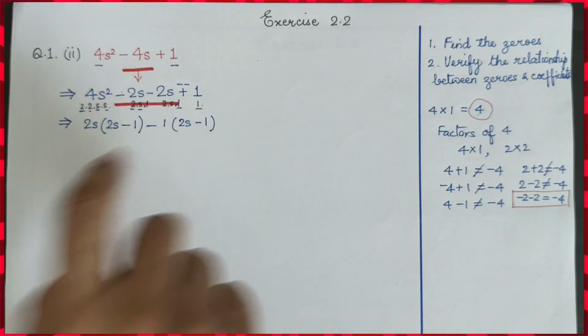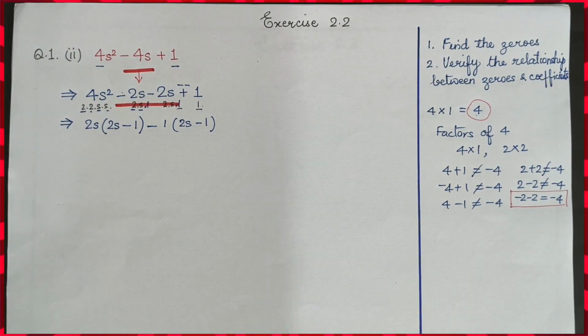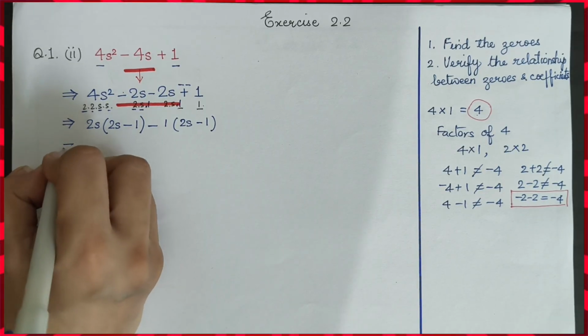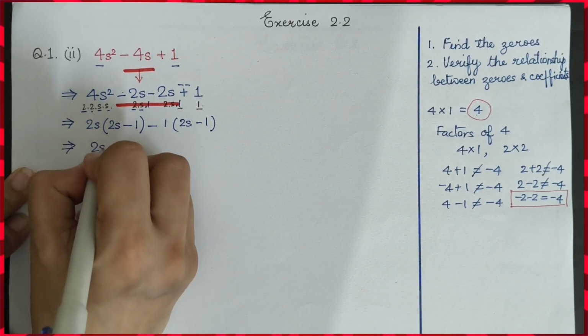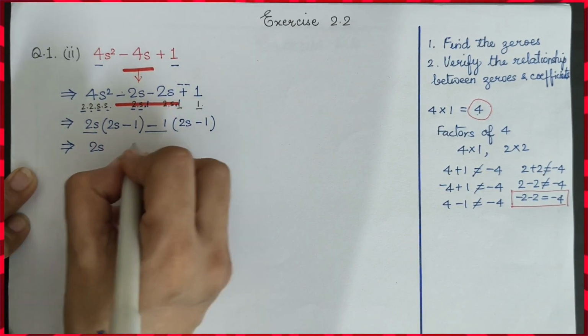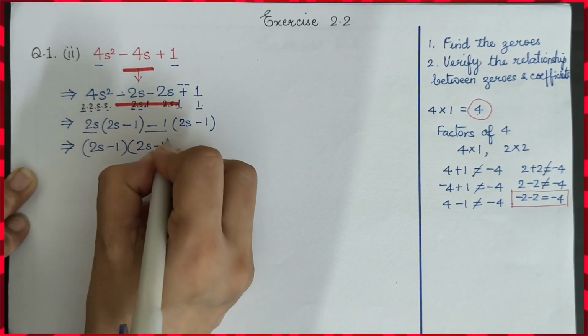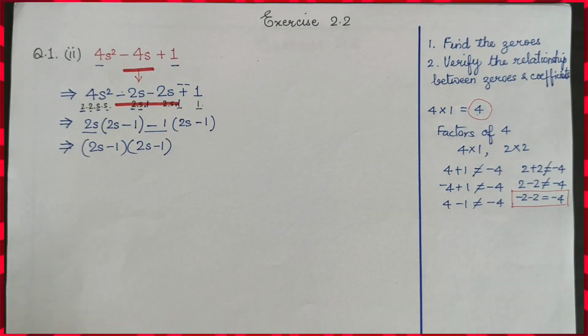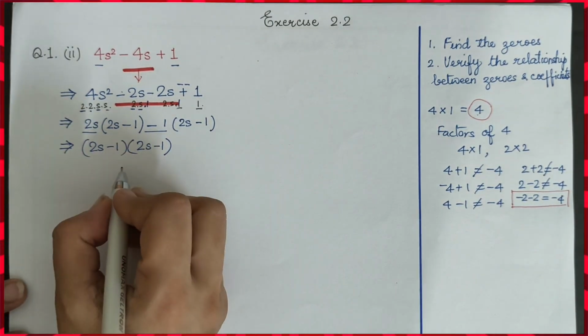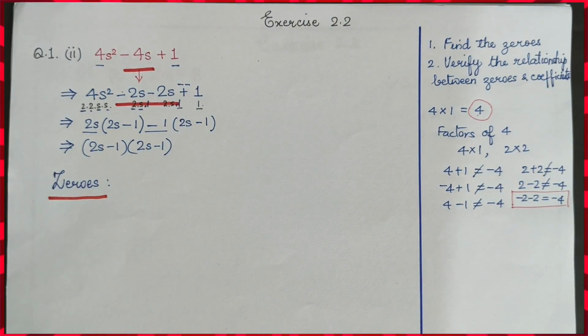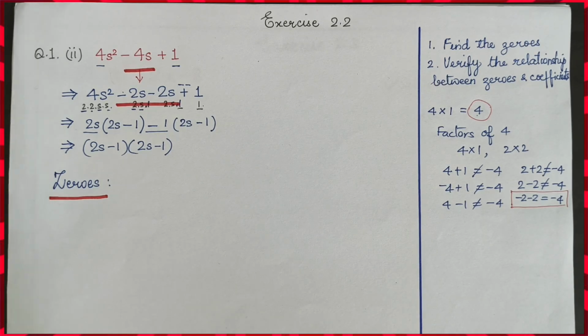So now we rearrange this into factors. So we have 2s minus 1 into 2s minus 1. So these are the factors of the given polynomial. So we have factorized the given polynomial. Now to find the zeros means the value of the variable which will make the entire polynomial's value equal to 0. We will take the factor as equal to 0. Since there are two factors, to find the zeros, we will equate each factor to 0.